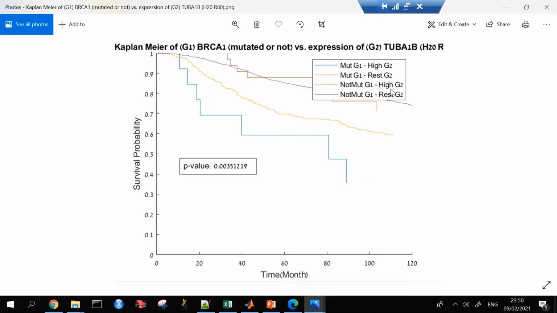But if they also had a high expression of TUBA1B and didn't have a mutation in BRCA1, which is the yellow group, their prognosis was also not that good. So we see here a certain split by TUBA1B, and we would want to see the blue group significantly worse than the other groups. So you will have to look at the graphs that you get.